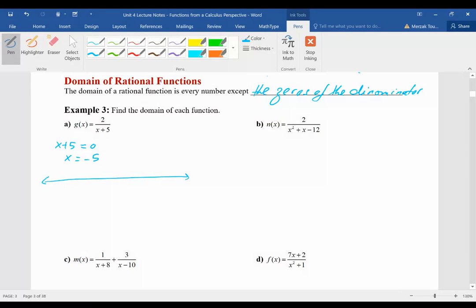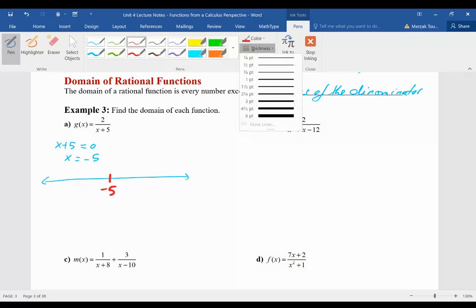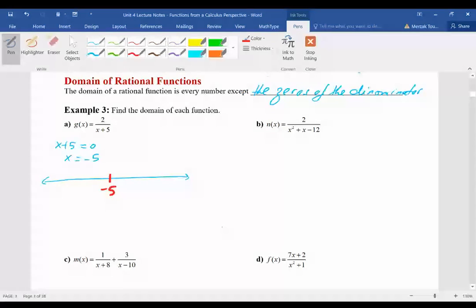So I'm going to use a number line. On the number line, -5 is somewhere on the number line. We're going to have to exclude that -5. We're not going to include it in the domain, but everything else is okay to include. Everything to the left of -5 and everything to the right of -5.